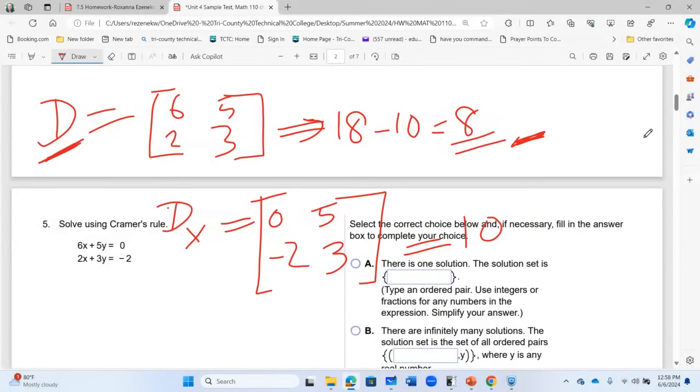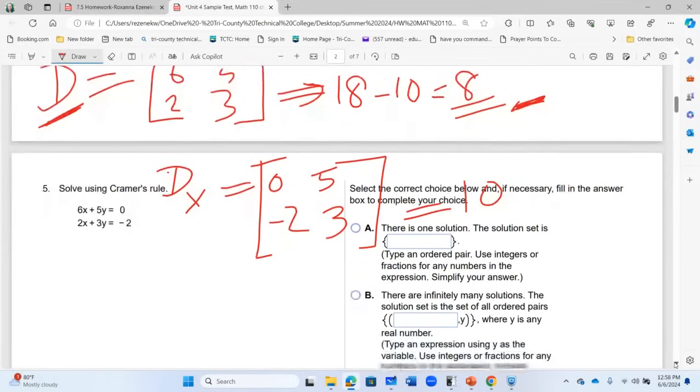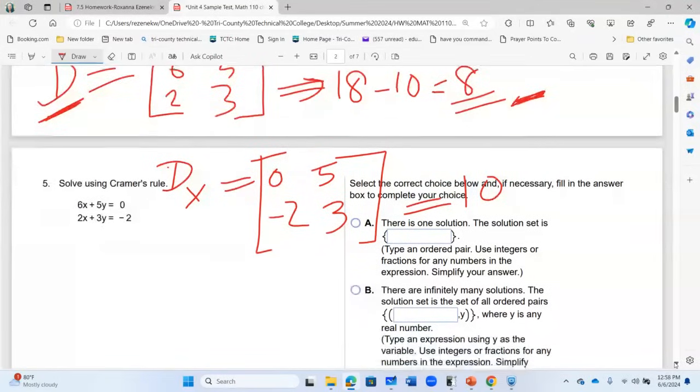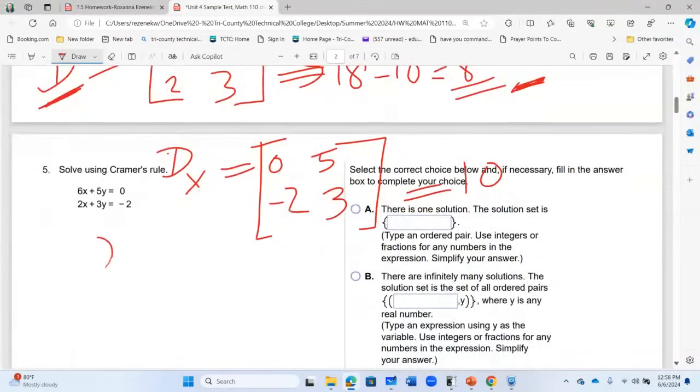So now I can find the value of x. I know the determinant of the coefficient matrix. I know Dx. Therefore x is equal to D over Dx. I'm sorry, I just have to rewrite this. Okay. All right. So x is equal to Dx over D. The other way around. This is the right way.